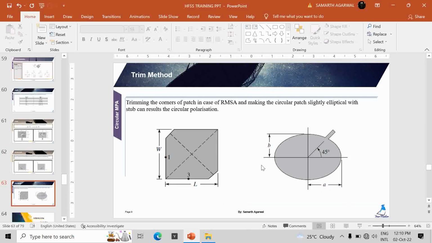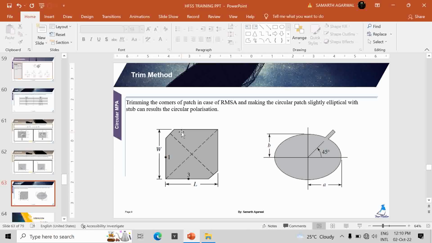Now another method is also there, which is known as the trimming method. How does the trimming method work? In the square patch you have to trim the corner edges. At that time also you will have circular polarization.